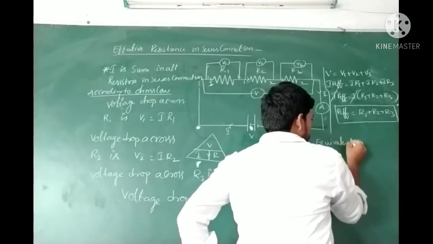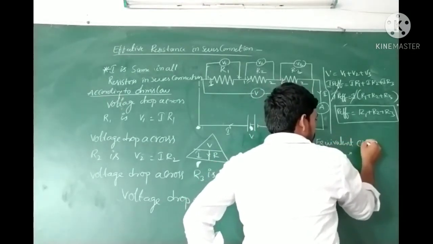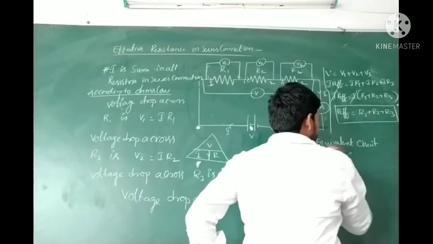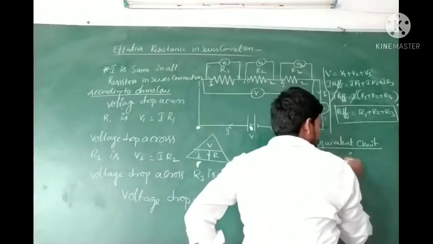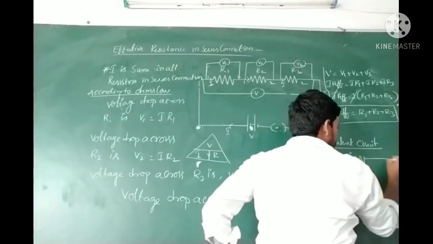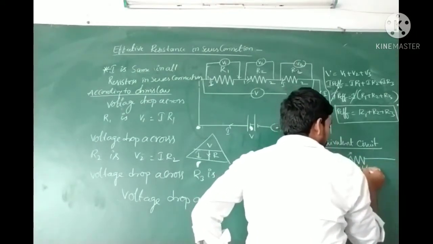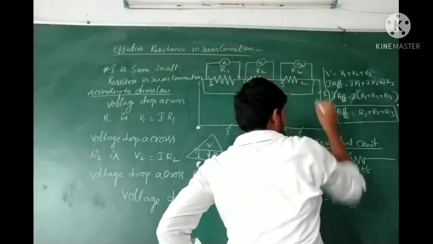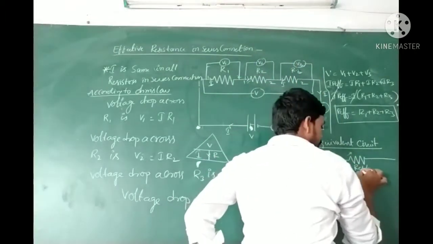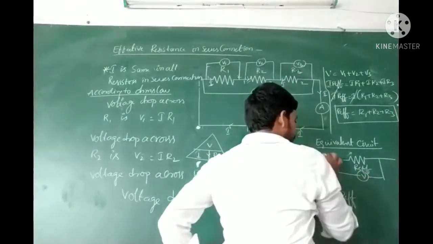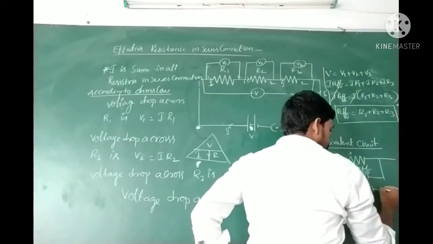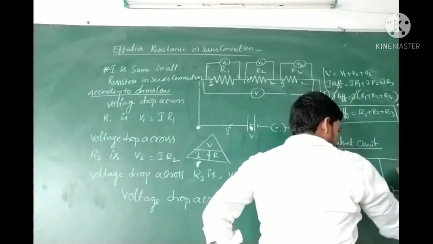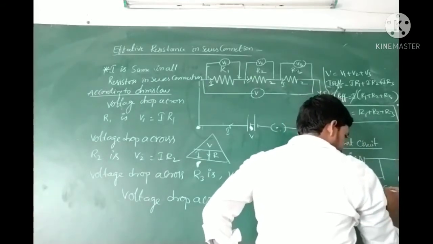Next, the equivalent circuit to the given resistors. In the equivalent circuit, these three resistors are replaced with a single resistor R effective. These three voltmeters are replaced with a single voltmeter V, which is connected with a battery, a single ammeter and a switch.